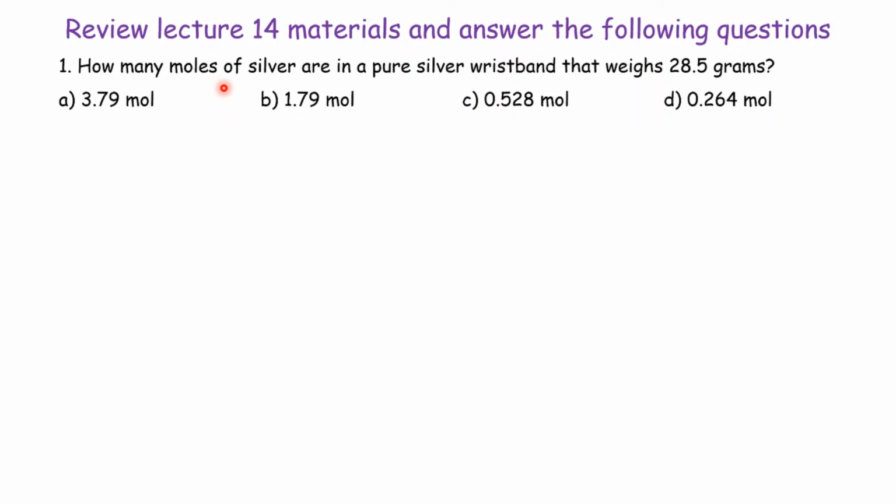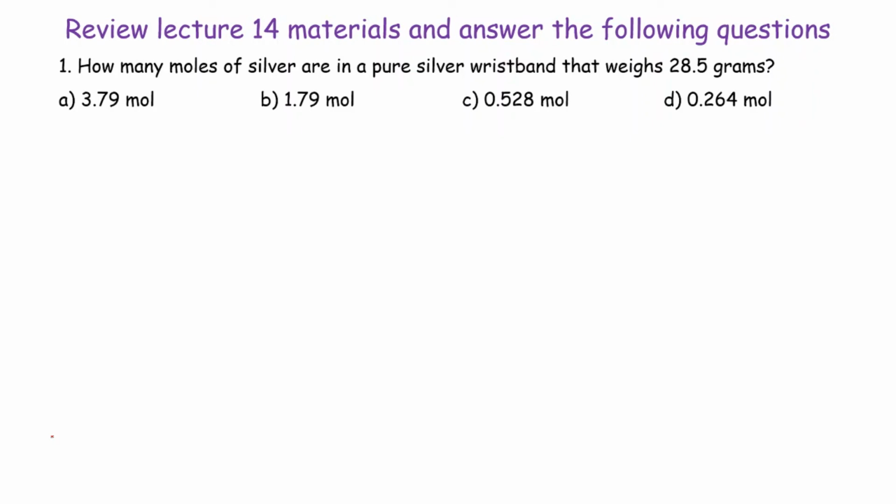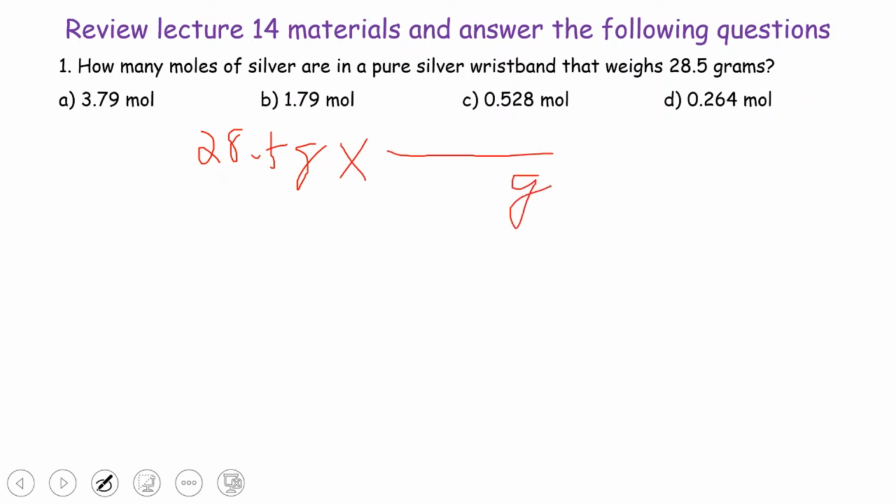So we start with what we know. So we know we have 28.5 grams of silver, and then converting from grams using the molar mass, 107.92 grams per mole of silver.